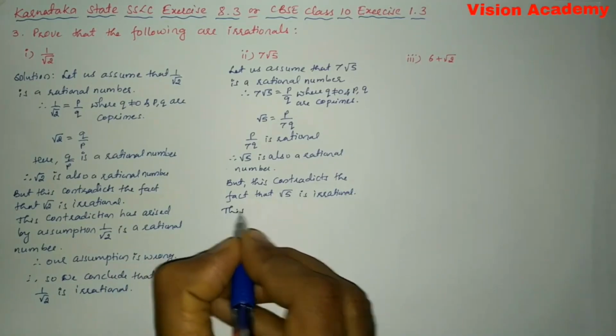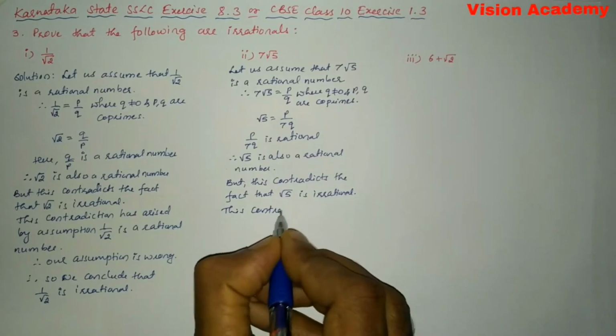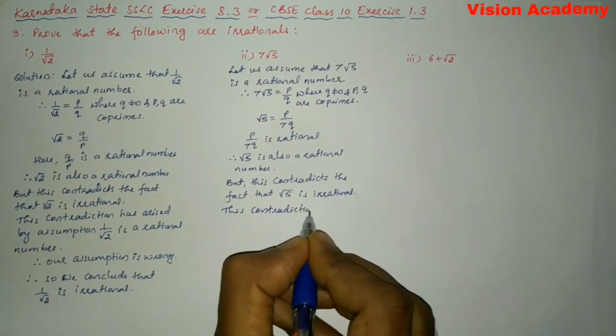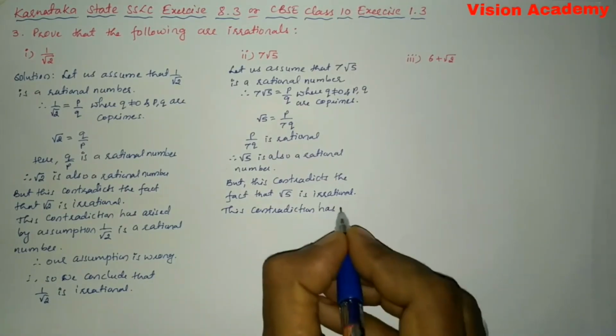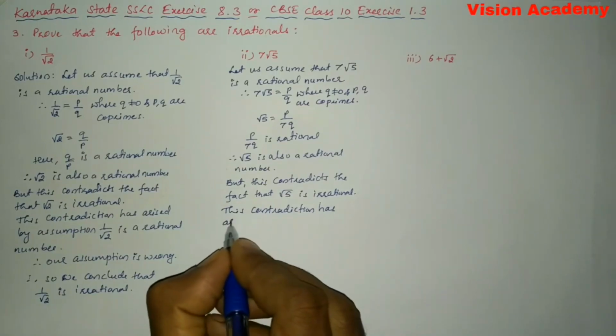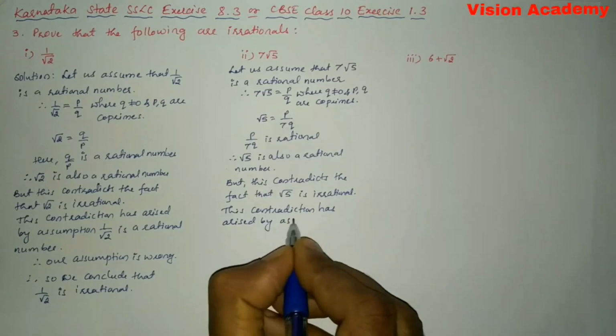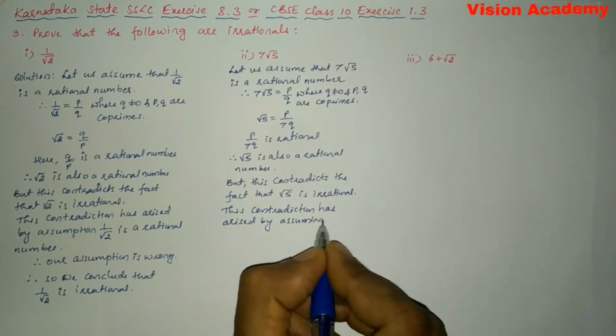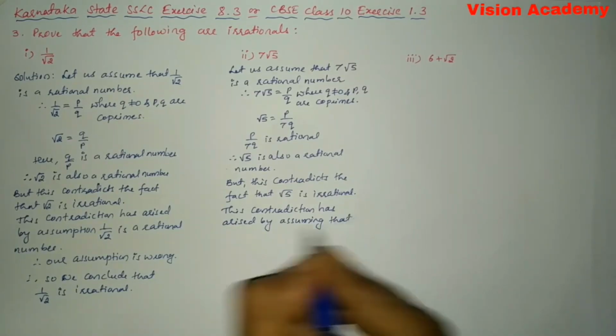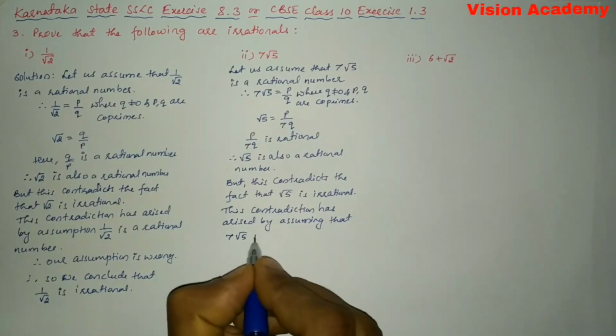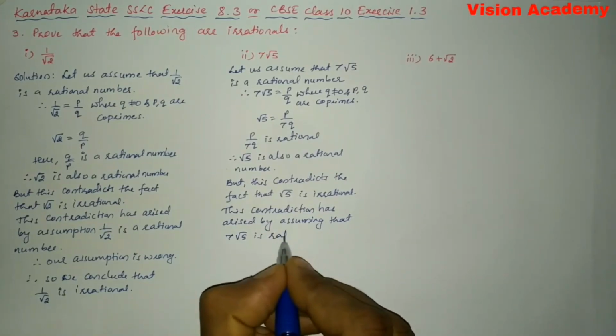This contradiction has arisen by assuming that 7 square root of 5 is rational.